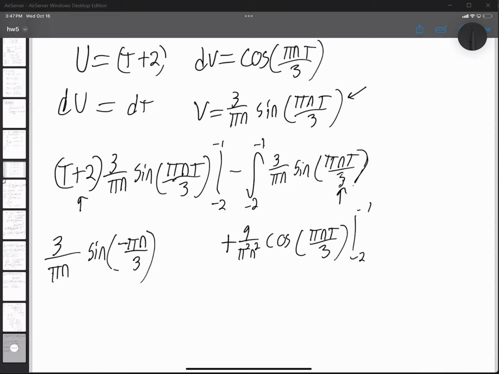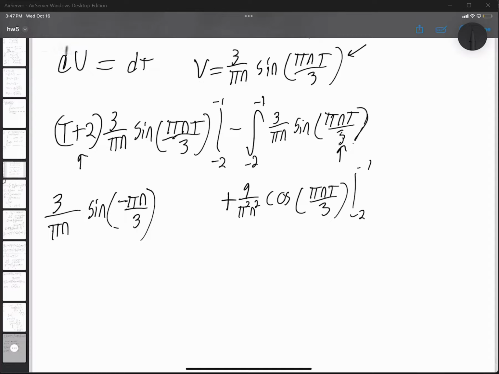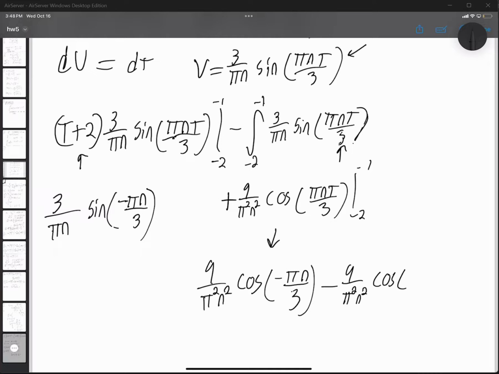Now let's move on to the right side. We're going to get simplified from here. We're going to get 9 pi squared n squared cosine of -pi n over 3 minus 9 pi squared n squared cosine of -2 pi n over 3.